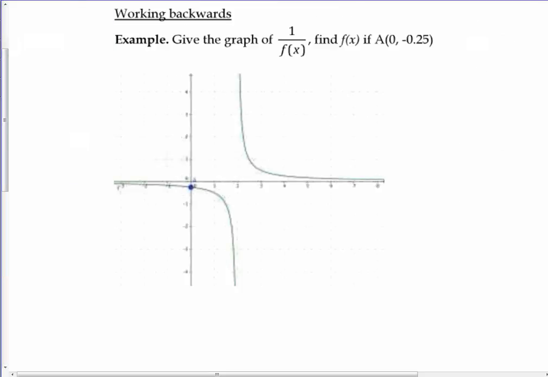Tell me, was this originally a linear or a quadratic? Why is it linear? Okay, there's only 2 curved parts, sure. But there's only one what? Asymptote. And if there's only one asymptote, that means the original function had one x-intercept. Okay? And we also know it's linear because one portion is above the y-axis and one portion is below, just like a linear graph.